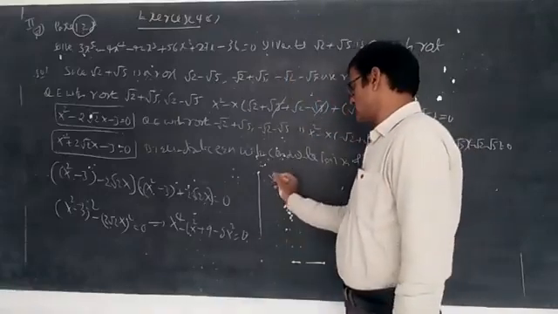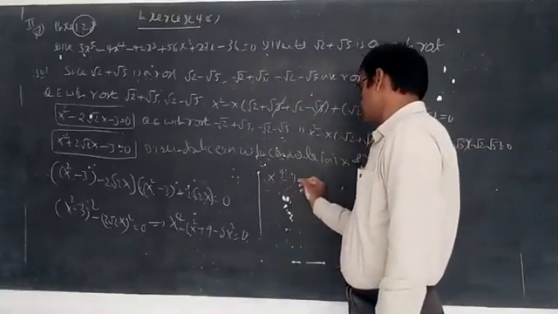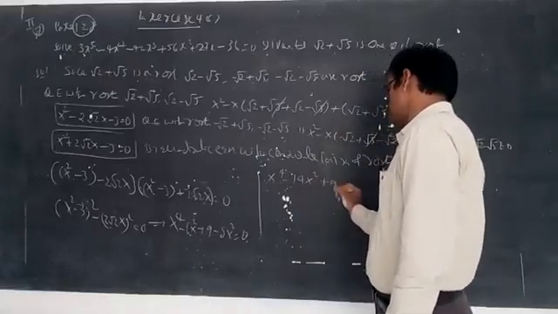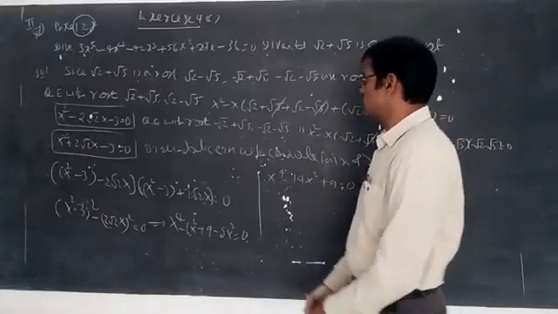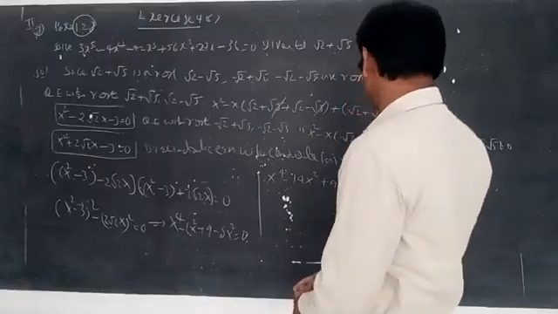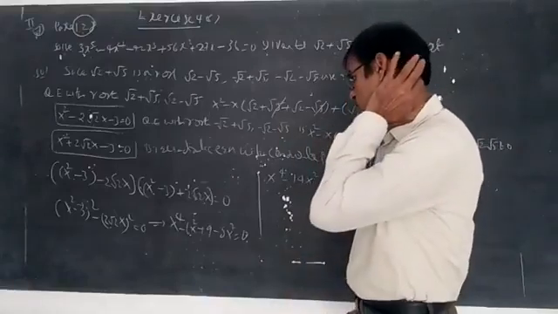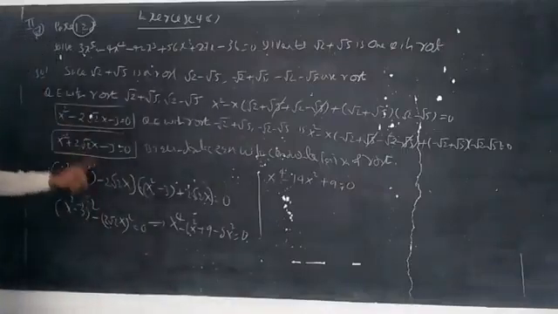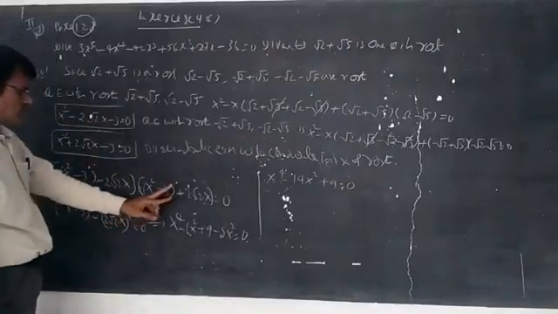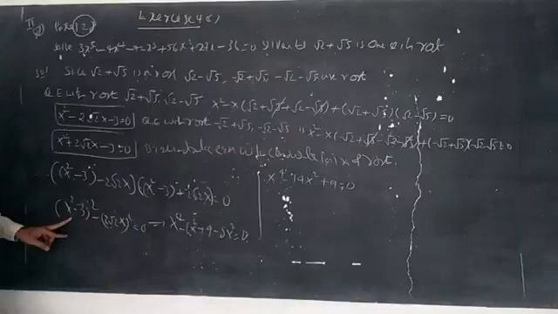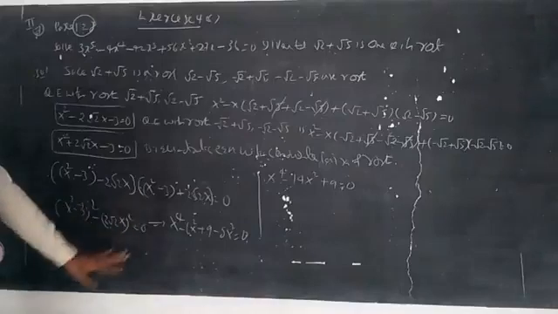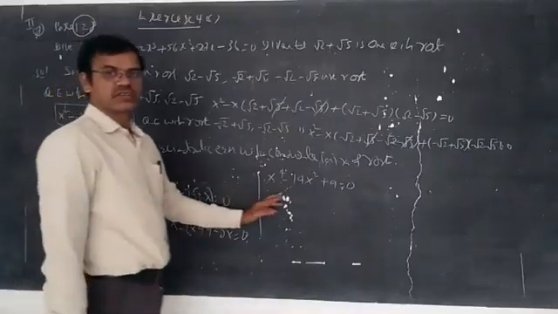Now x power 4 minus 14x square plus 9 equal to 0, since 2 root 2 x whole square means 8x square. So this is the biquadratic equation we got.